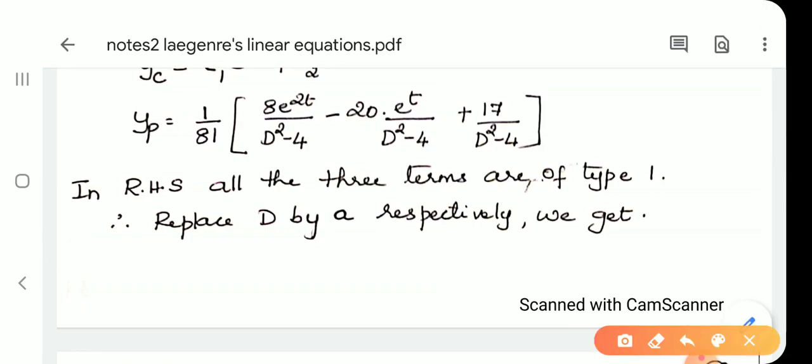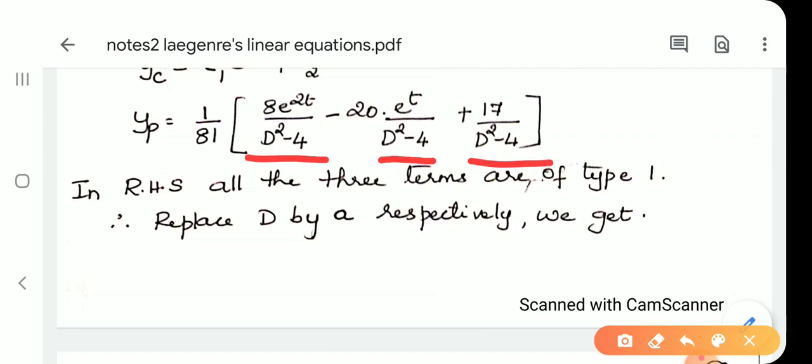Yp = 1/81 [8e^(2t)/(D² − 4) − 20 e^t/(D² − 4) + 17/(D² − 4)]. In the RHS, all the three terms are of the type 1.